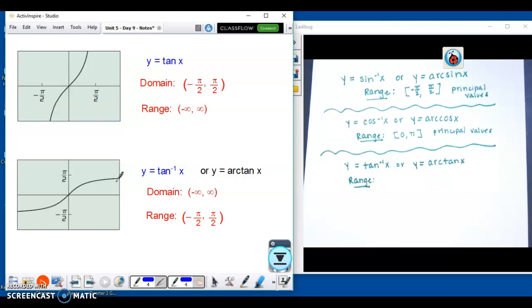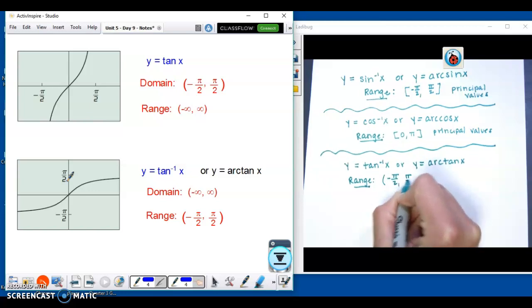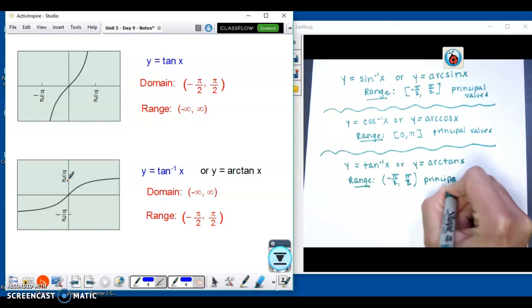On this graph, the range is a little bit different. There are horizontal asymptotes here and here, so it doesn't actually ever touch negative pi over 2 and pi over 2. That's why it has parentheses instead of brackets. And these are called the principal values.